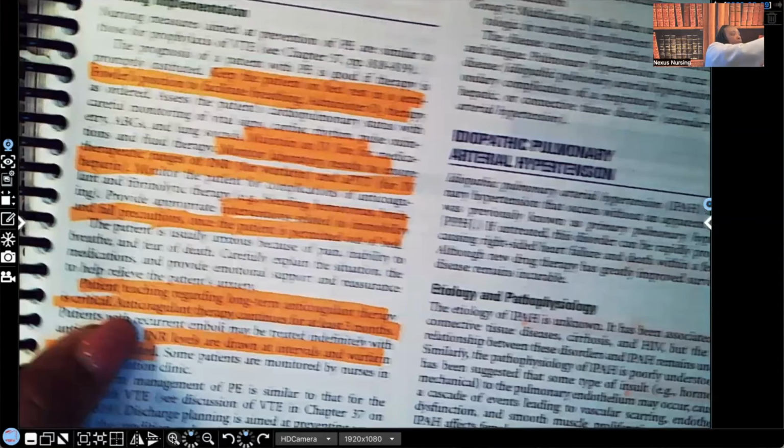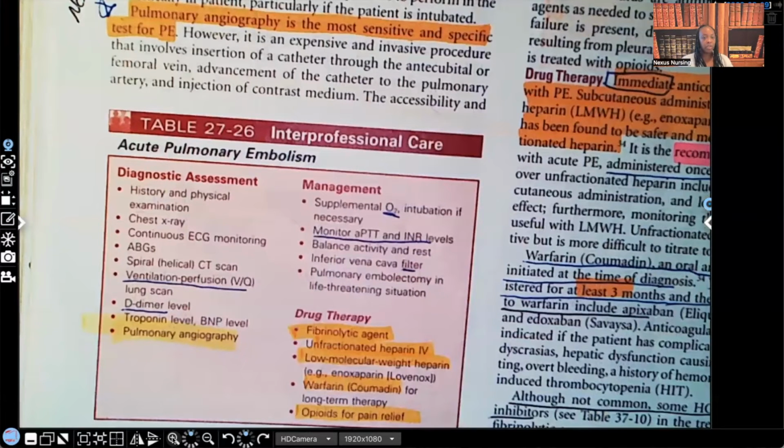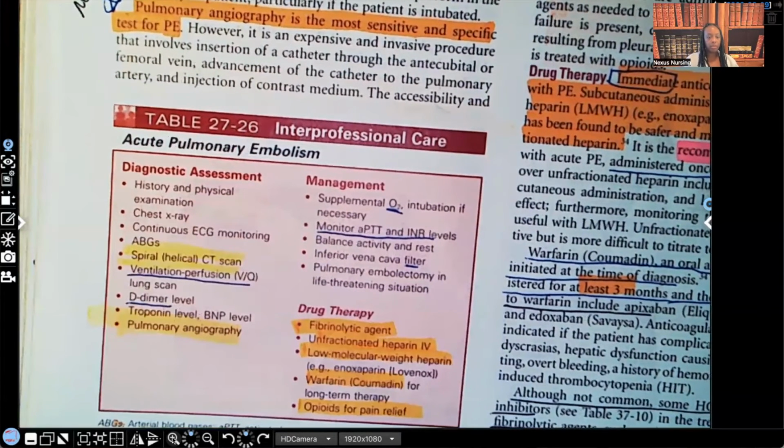I want you guys to take a look at this. Look at this table, interprofessional care. So pause to read because I'm not going to go over all of these. But for diagnostic testing, you expect the spiral CT scan, the VQ scan, the D-dimer, you're going to be looking at the troponin levels, BNP, pulmonary angiography.